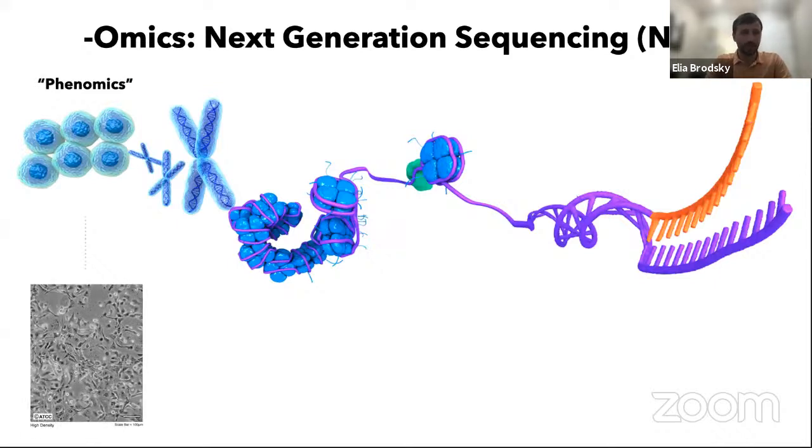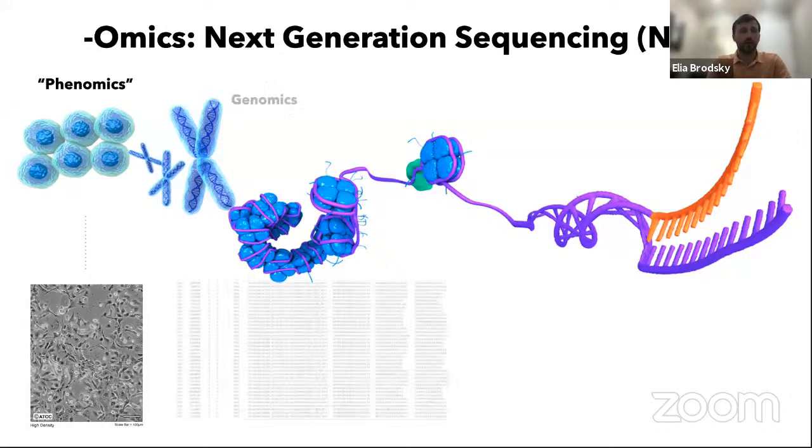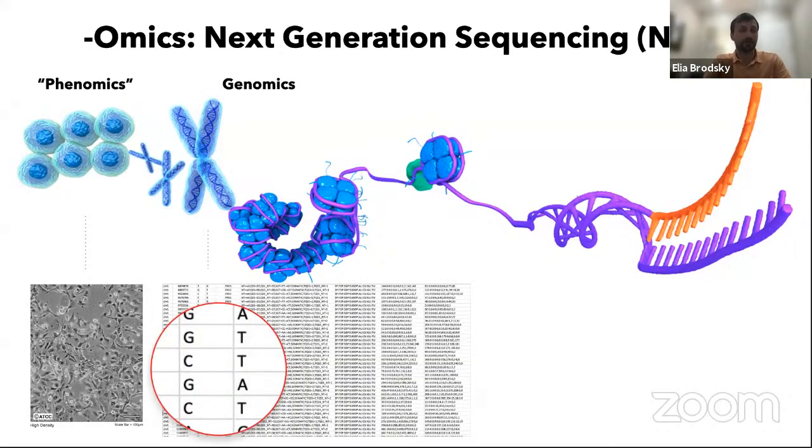So one example is phenomics, and this means phenotypic data that can include cell morphology, the way that cells shape, right? Different cells have very different shapes, and they are dysregulated in different ways. We can also talk about genomic data, right? So the sequences of nucleotides and amino acids, typically referred to as genomic data.